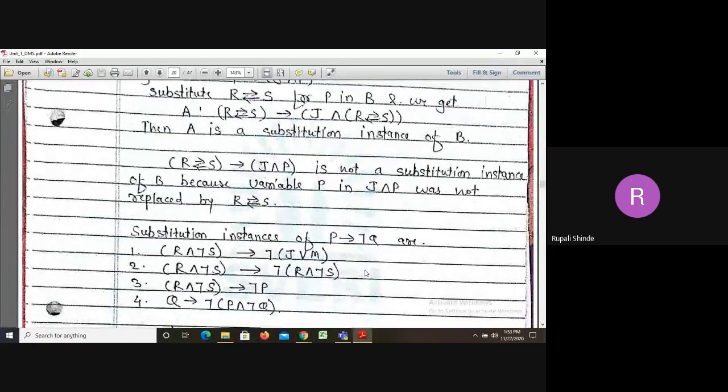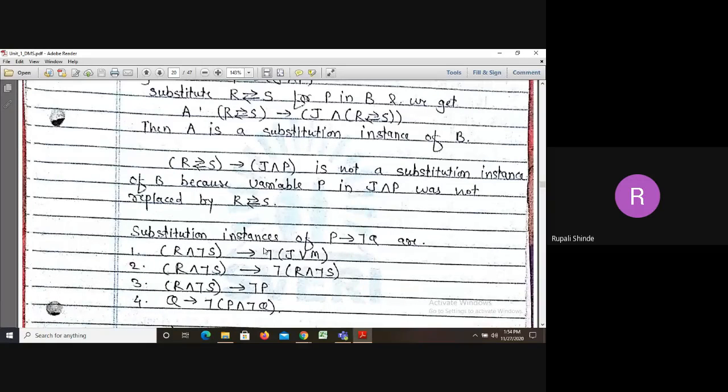So again, here some examples are given. Substitution instances of P conditional negation Q are: the first one is given as R and negation S conditional negation of J or M. Now from this, can you tell me which formulas are substituted for variables P and Q? For P, what substitution is used? R and negation S, yes. And for Q?